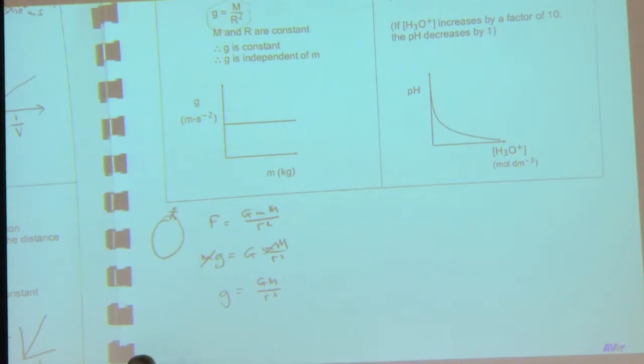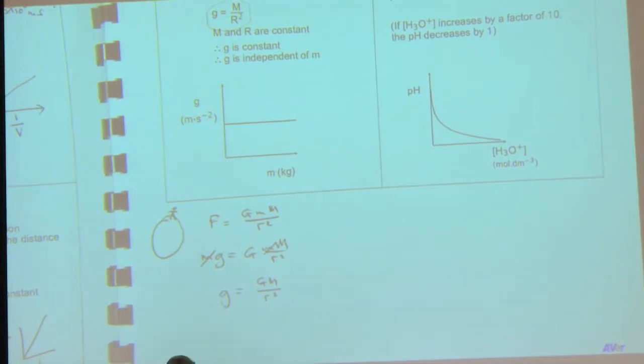So if there's no air friction, it's just gravitational force, then all objects will fall, and on Earth that is 9.8 meters per second squared, because the mass of the Earth doesn't change for big and small things. The radius of the Earth doesn't change for big and small things, and it doesn't depend on the mass of the thing that's falling.